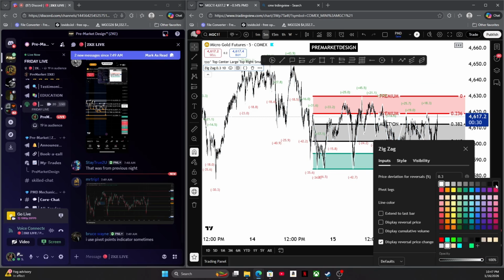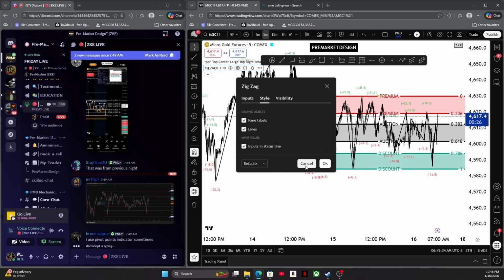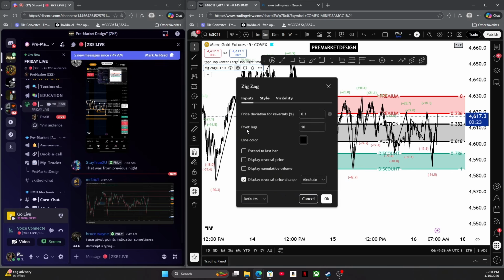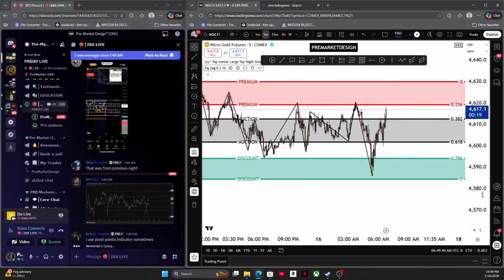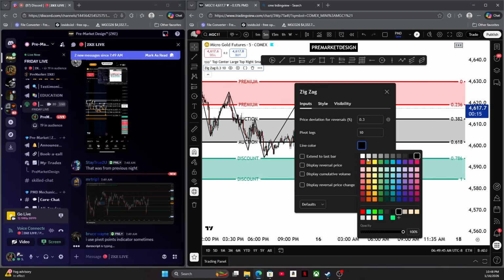Make it black. Style. Turn off display of reversals. Boom. From that color, change it to maybe a lighter shade so it blends in a little more.